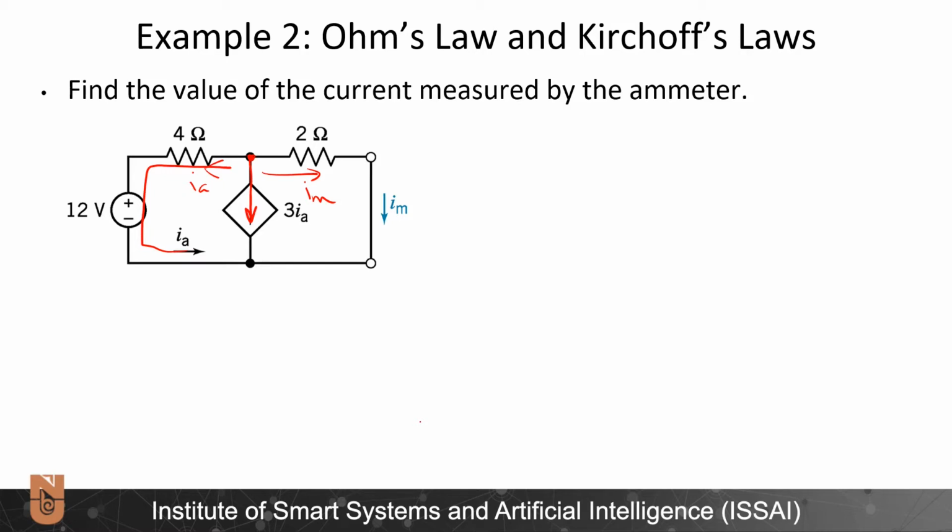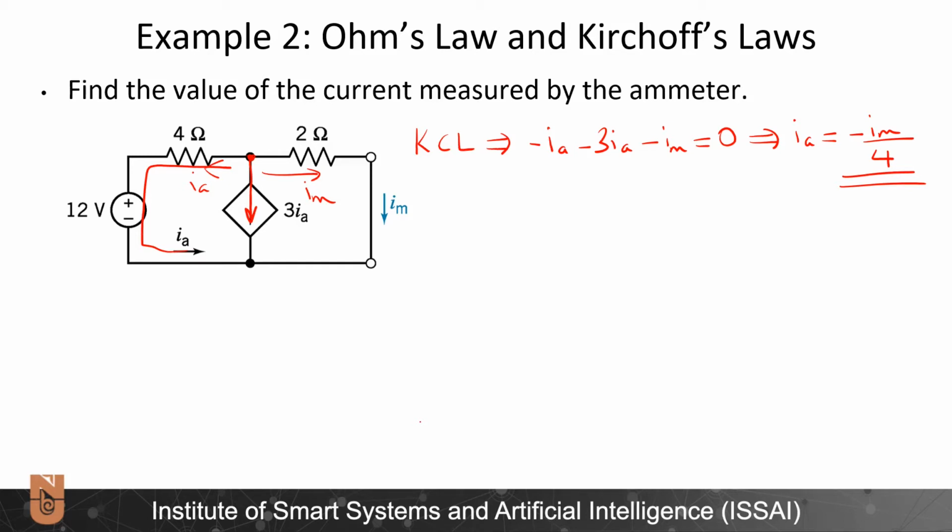So I can write Kirchhoff's current law as minus IA minus 3IA minus IM is equal to 0. Accordingly, I can write IA is equal to minus IM divided by 4.